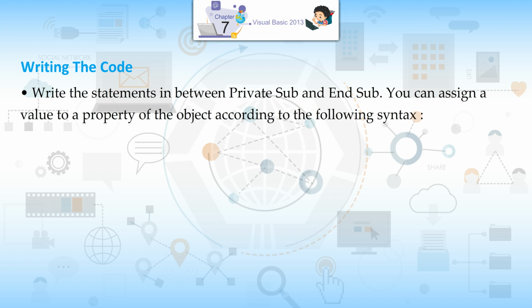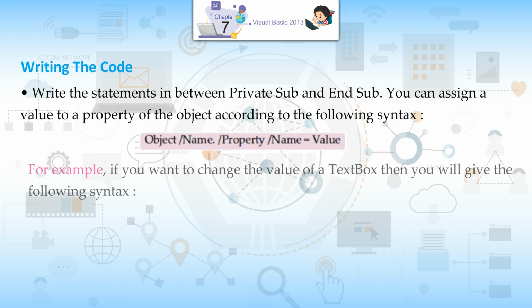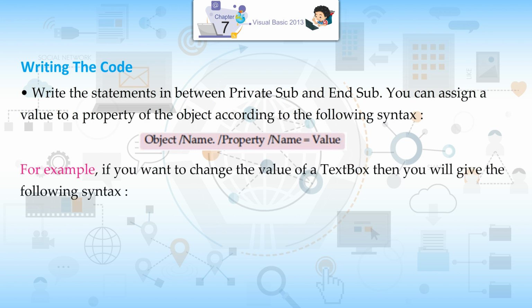You can assign a value to a property of the object according to the following syntax. ObjectName.PropertyName = value. For example, if you want to change the value of a text box, then you will give the following syntax.